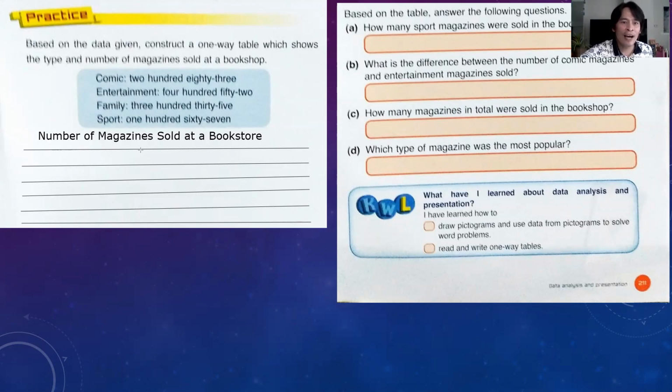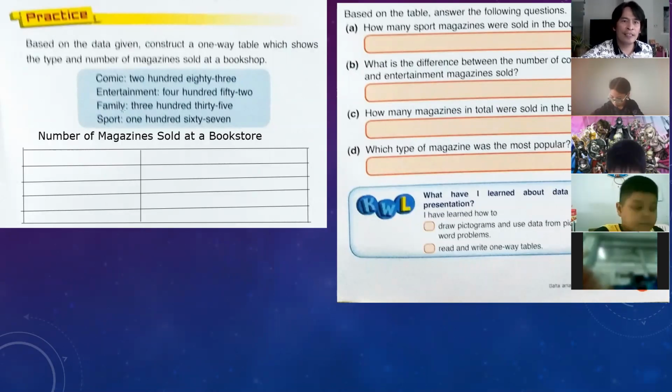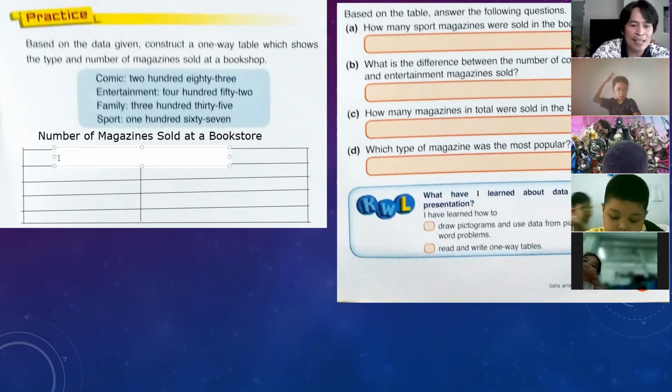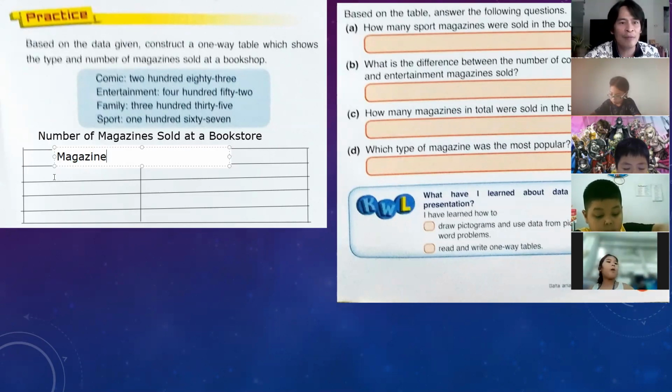So now you have to divide this into 2 parts, 2 columns. Okay, like this. I don't care if your drawing is ugly, but make sure that your answer is correct. First, you need to write the title of this column. The description of this column is the type of magazine, so just writing magazine is correct, or the name of the magazine.